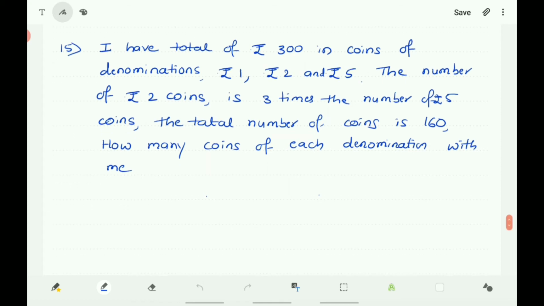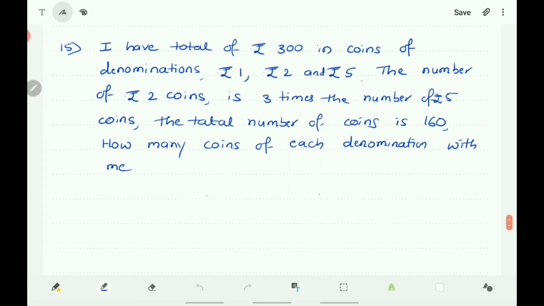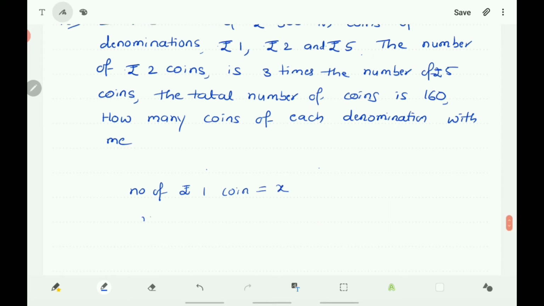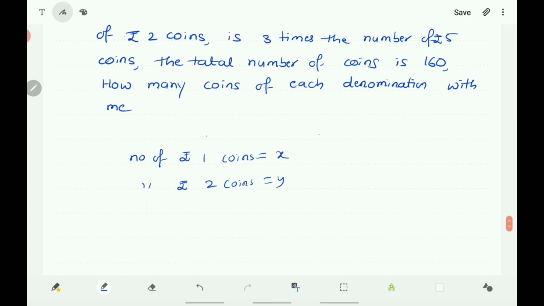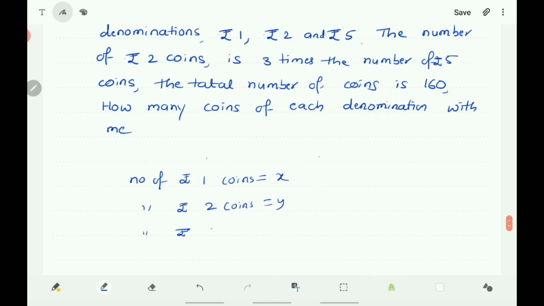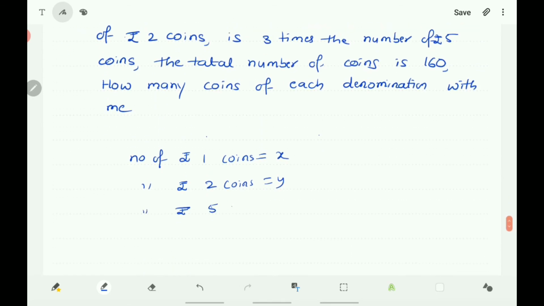And let us consider here number of rupees 1 coins is equals to x, and number of rupees 2 coins is equals to y, and number of rupees 5 coins equals z.